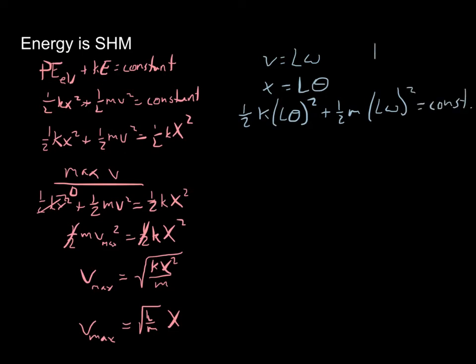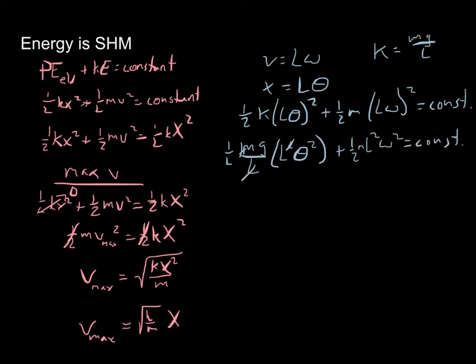And remember that we came up with the fact that k for a pendulum was mg over L. So we do some substitutions here and say 1/2 mg over L times L squared theta squared, so distribute the square, plus 1/2 m L squared omega squared equals a constant.